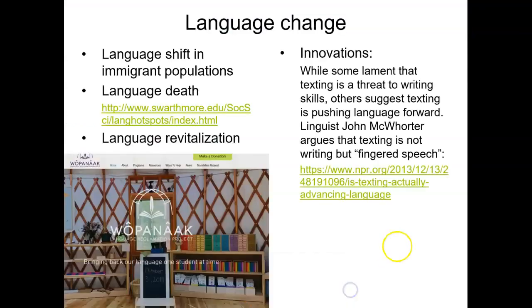There are cases where, in response to those kinds of threats, communities have worked actively to try to stave off language death. Your book mentioned this, and this image here is from a website connected to a language reclamation project in Massachusetts, which is being enacted by an indigenous Native American group that is working to keep the language alive.